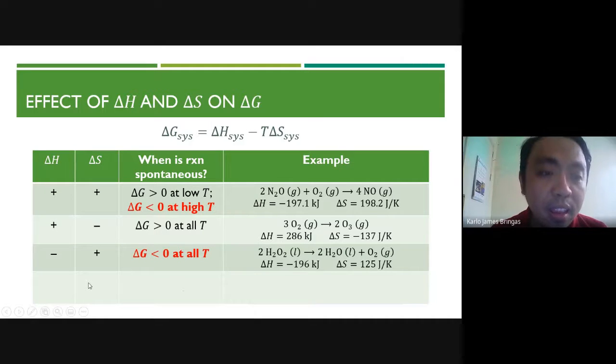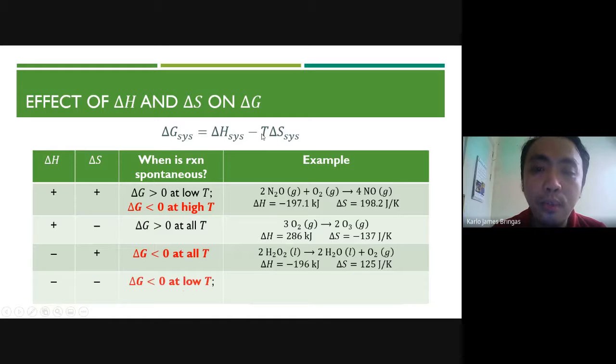And finally, the last case that we could have is if parehong negative si delta H and delta S. So let's see what happens. So negative itong delta H natin minus temperature na always positive since absolute temperature pinag-uusapan. So it's always gonna be positive, never negative.